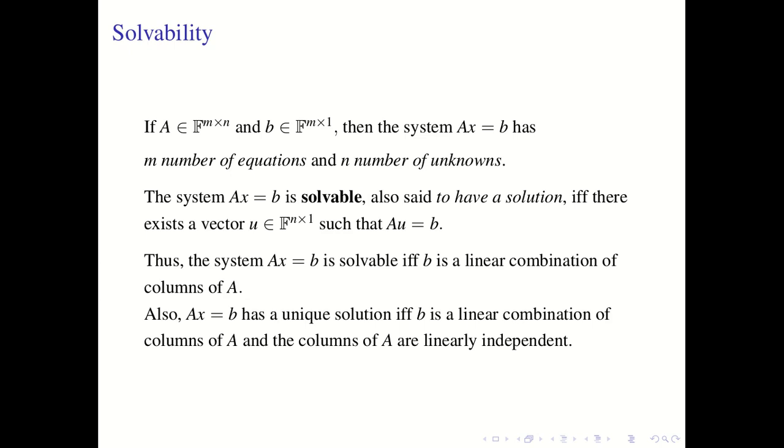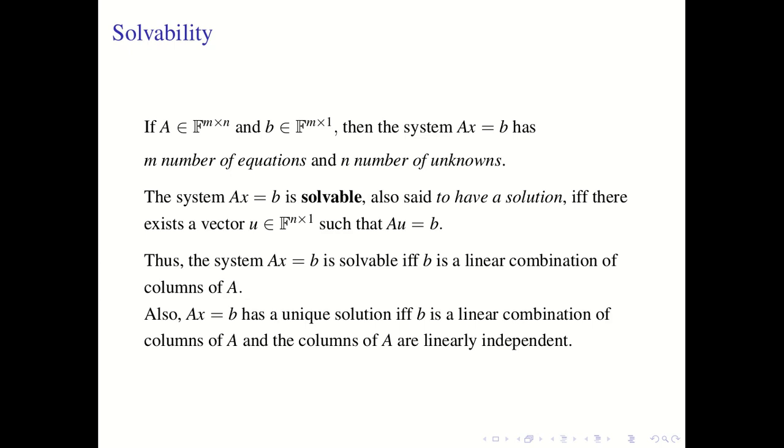That is, if you look at Au, write the vector u as u1, u2 up to un. Then, as we saw some time back, Au is u1 times the first column of A, u2 times the second column of A, and so on.